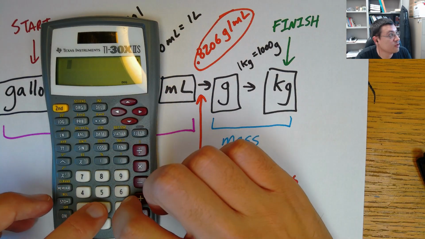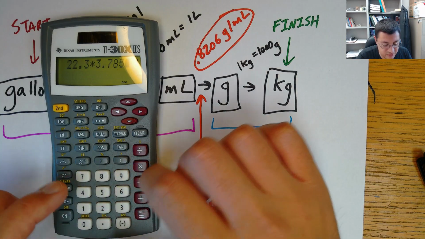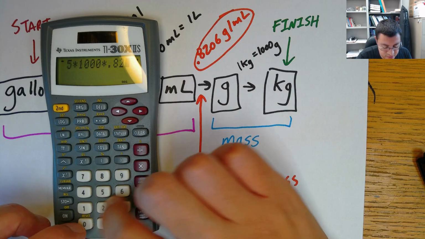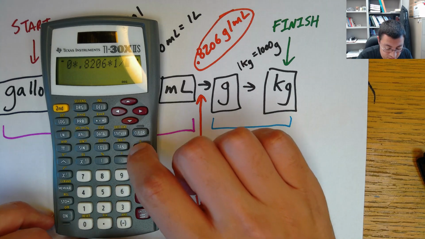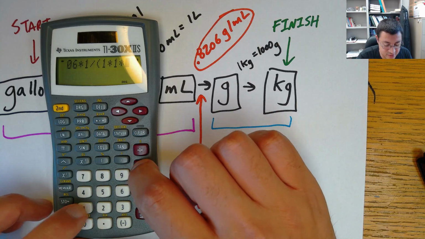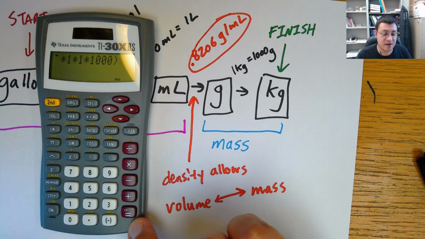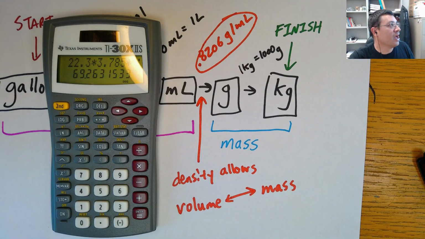So let me do my numerator, 22.3 times 3.785 times 1,000 times 0.8206 times, you can put that 1 if you want, divide, open the parentheses, 1 times 1 times 1 times 1,000, close parentheses for the bottom, the denominator. All right. Hit enter, 69.26, yada yada. And let me go back to the screen.